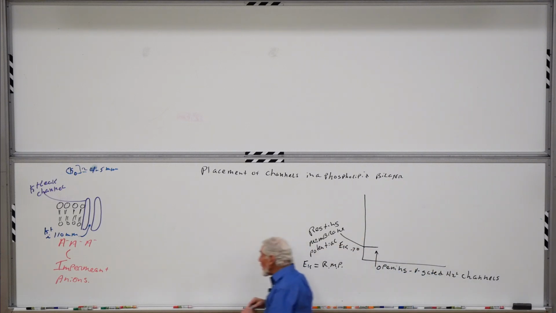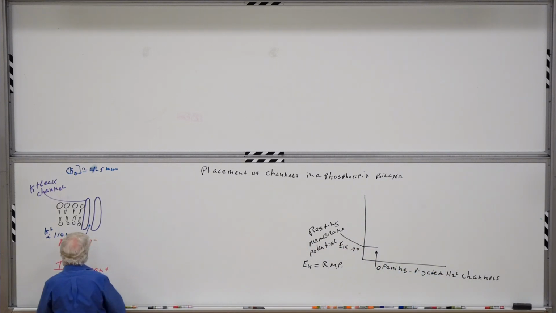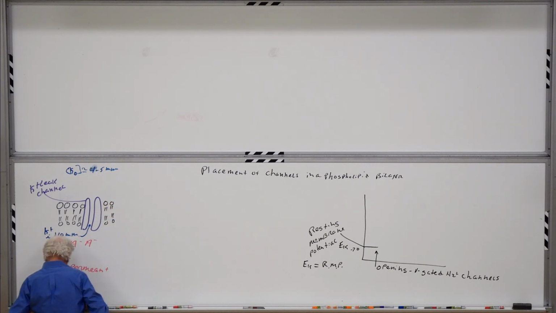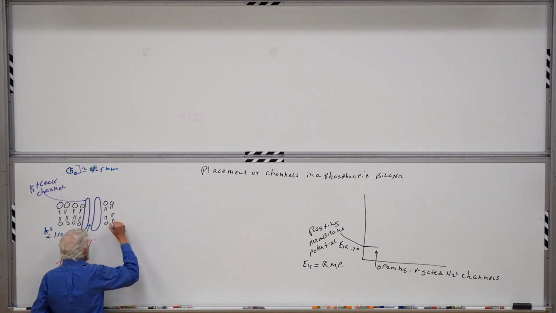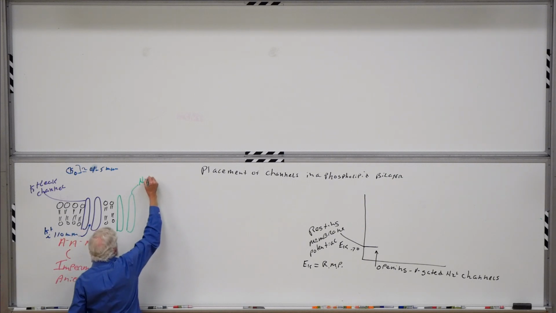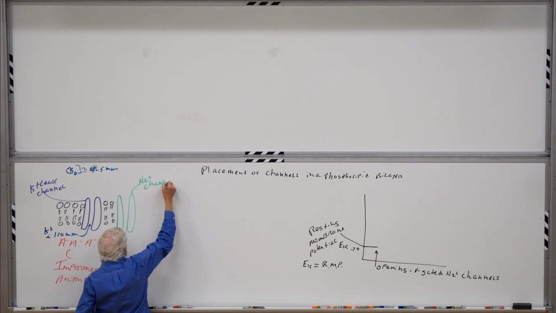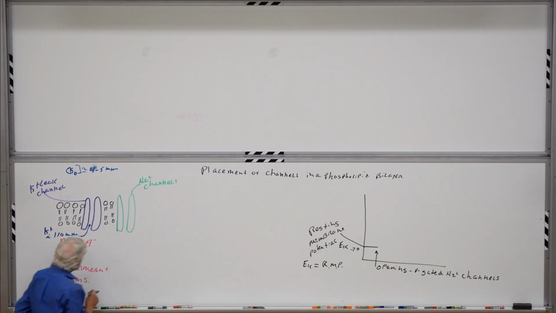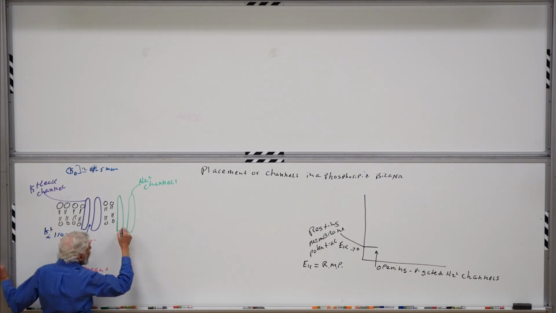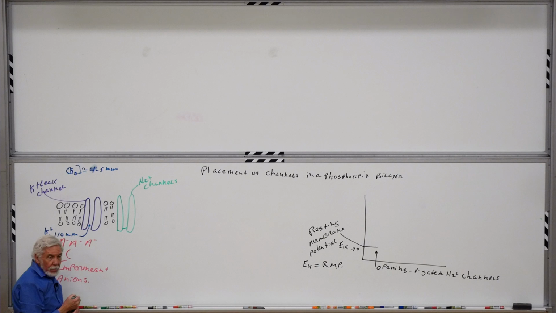Well, we can depict this idea over here, as in addition to these purple potassium leak channels, there are these transmembrane proteins called sodium channels. Now, in contrast to these potassium leak channels, which are always open, these sodium channels have a gate on them.